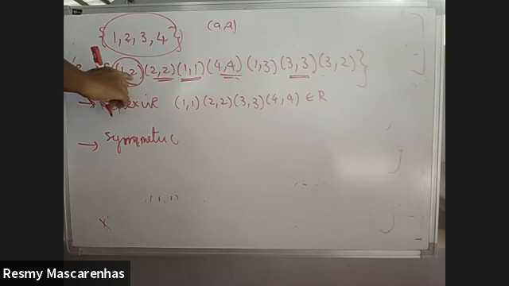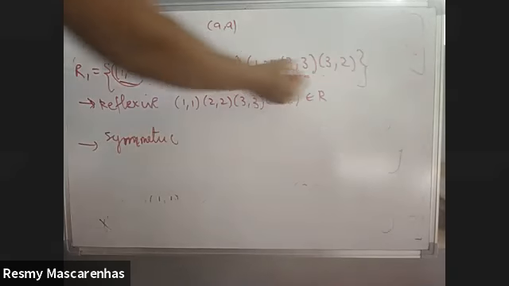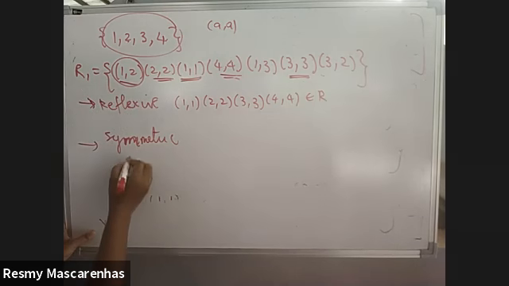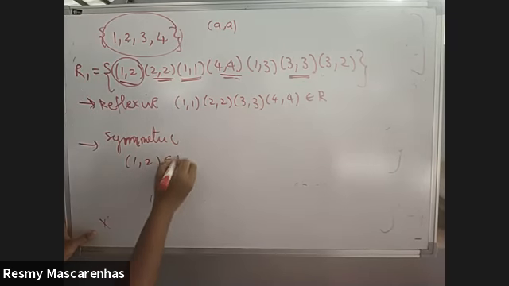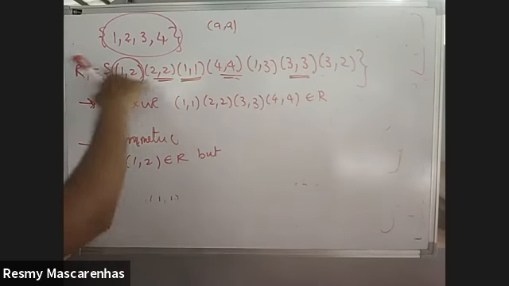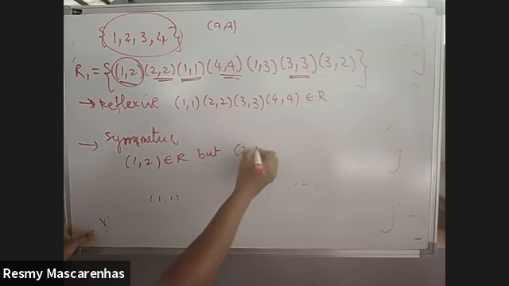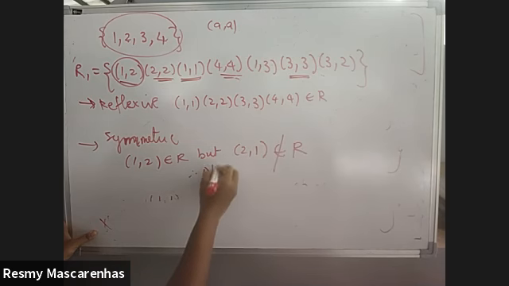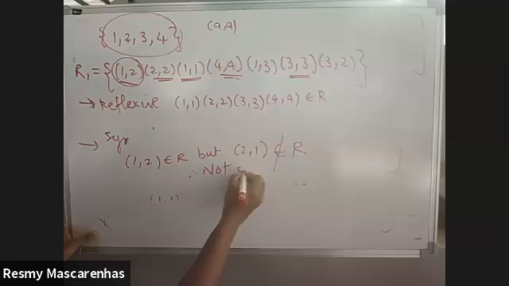So (1, 2) is there, which means (2, 1) should be there in that same set. Is (2, 1) given in that set? No. That means it is not symmetric. (1, 2) belongs to R, it is there inside this R, but (2, 1) is not there in R. Therefore, not symmetric.